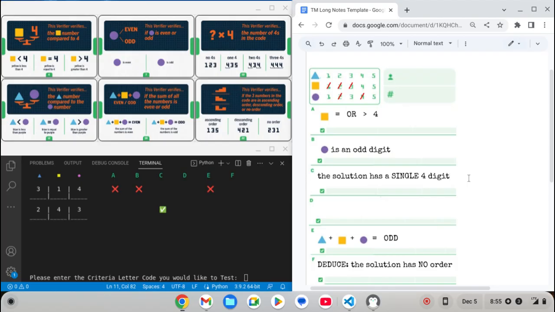Okay. And that means, and I'll add it to the next line, that there is, let's see, there is also a 2.